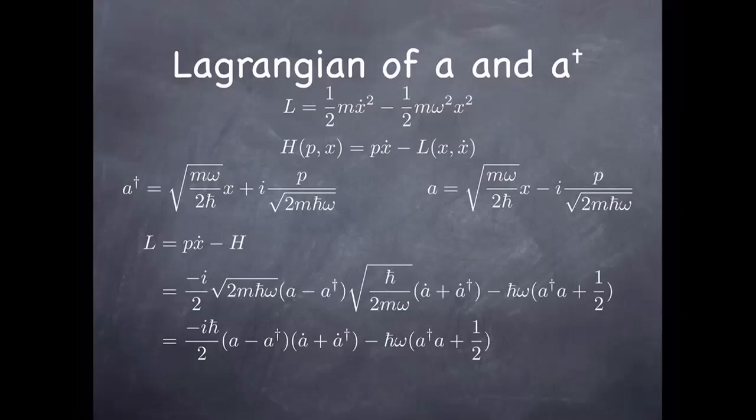And I expand this out, and then many things start to cancel. So I get this part to be A minus A dagger times A dot plus A dot dagger. Remember, this dot comes from this x dot. And once you come to this expression, of course, this half is just a constant we don't care much about.